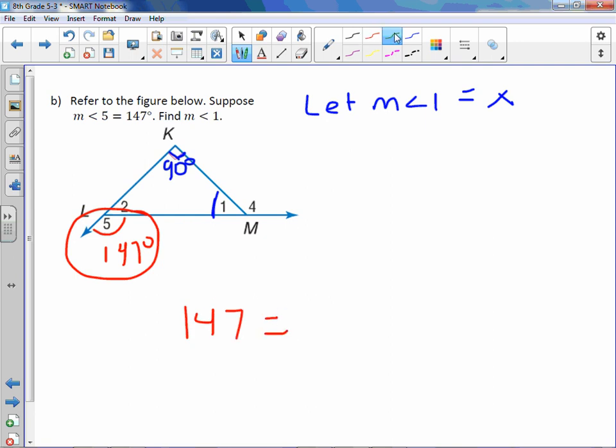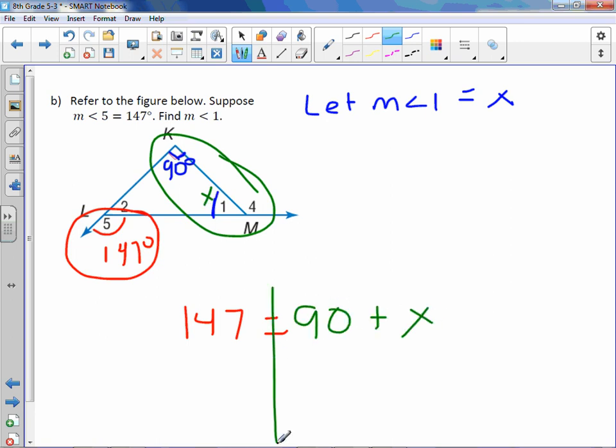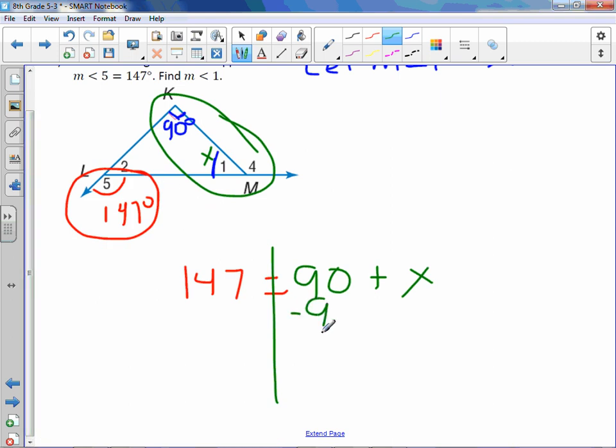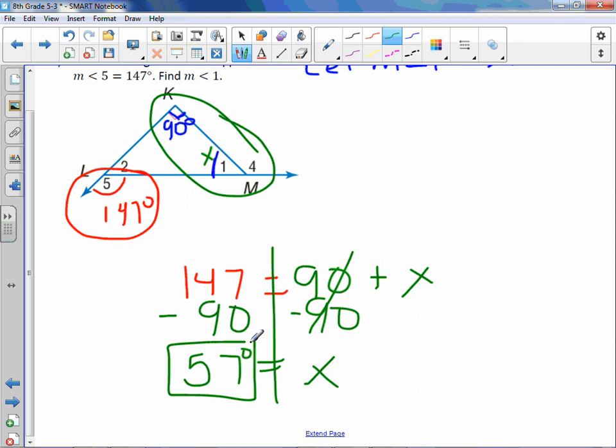So I know that the exterior angle is the sum of the two remote interior angles. So 90 plus x. Solve for x. Subtract 90 from both sides. x equals 57 degrees. So the measure of angle 1 is 57 degrees.